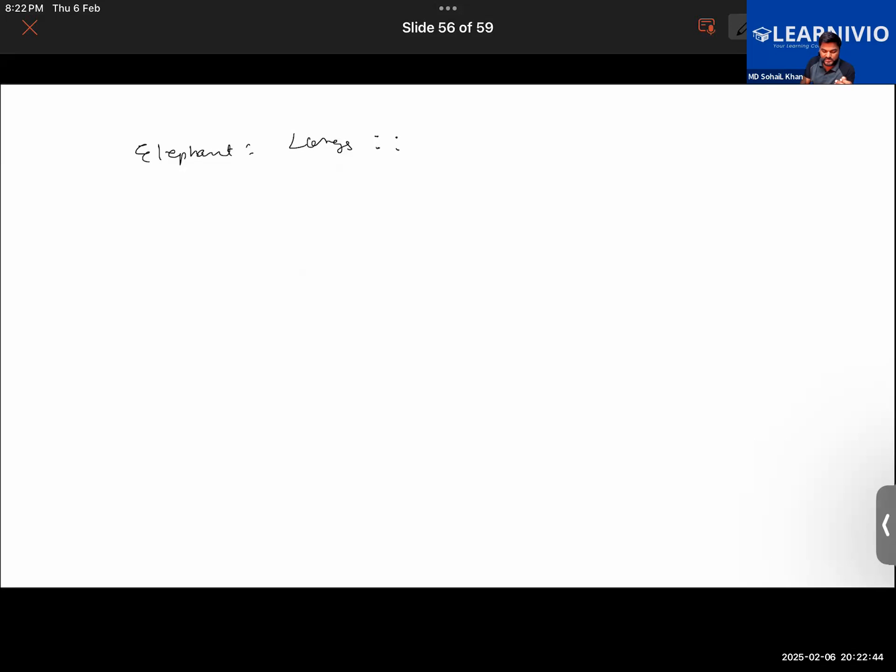So by this logic, what does a mango tree have? What does an elephant have? Lungs. You need to find the correlation. If elephants have lungs, then what does a mango tree have?